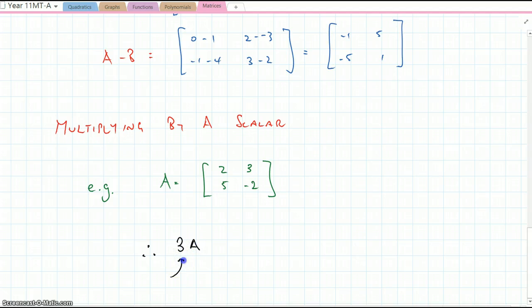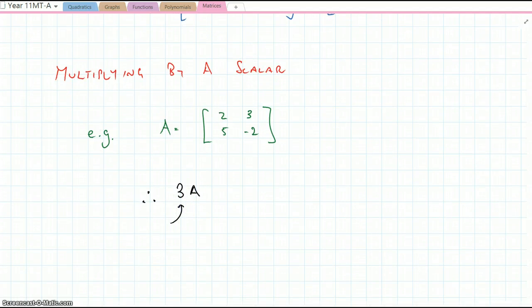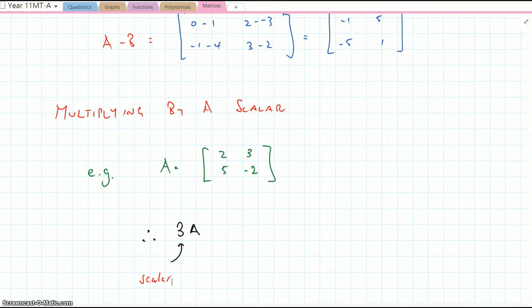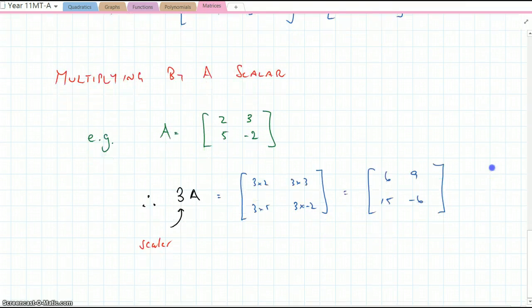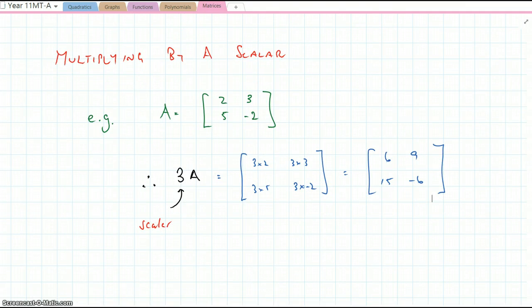Now that 3 is what's called a scalar. It's a number that you multiply the matrix by. Predictably, 3A is 3 times 2, 3 times 3, 3 times 5. You just multiply each of those numbers by 3. That's fairly straightforward and logical and predictable. There's our result of multiplying by a scalar. A scalar can obviously be negative.